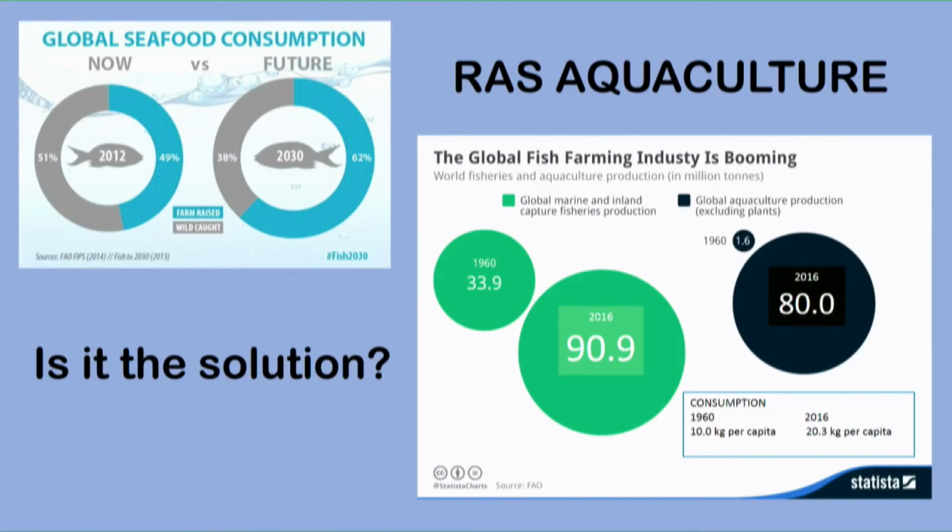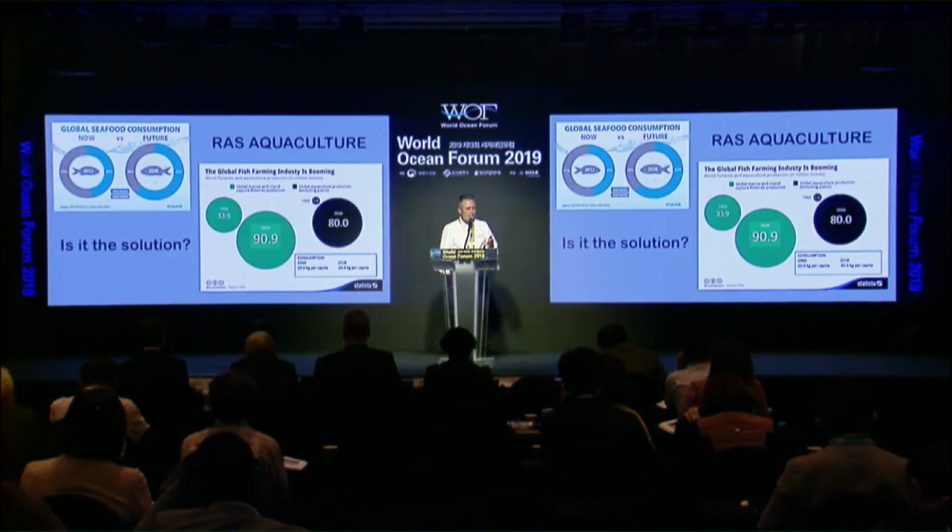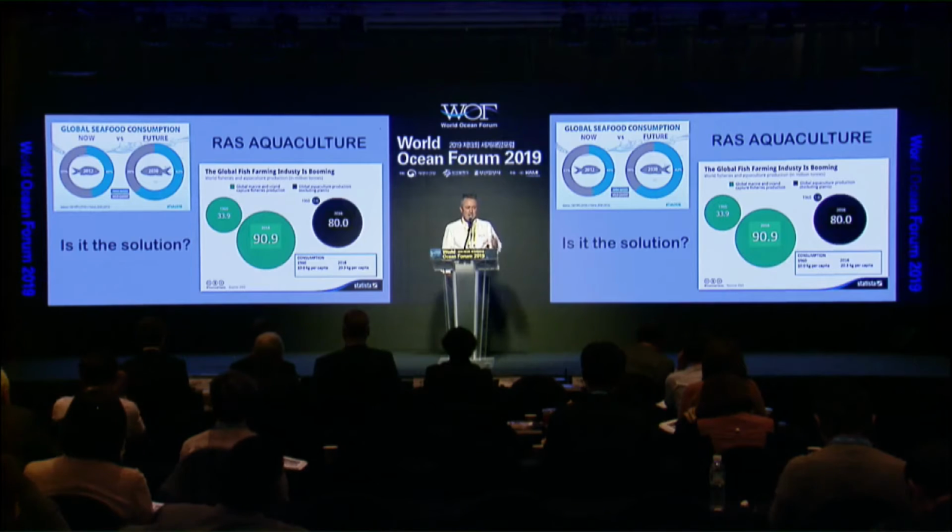So if you look at the global seafood consumption, in 2012, 49% of it was provided by aquaculture. But by 2030, over 62% will be provided by aquaculture. And if you look at the fish farming and the capture fisheries, in 50 years, we went from 35 metric tons to 90 metric tons.